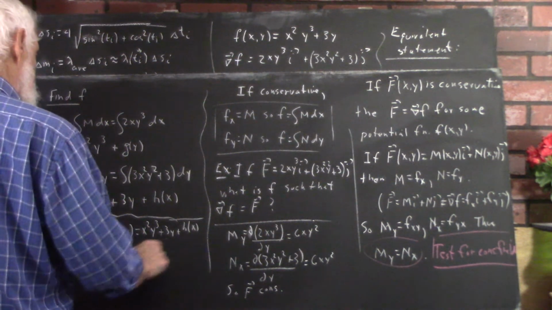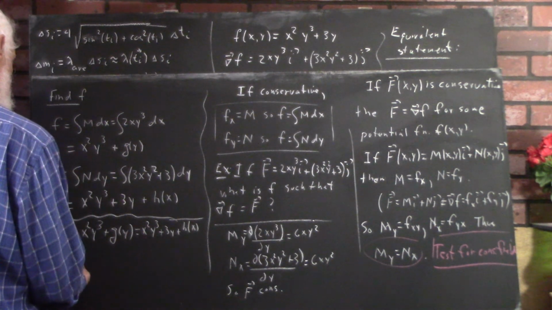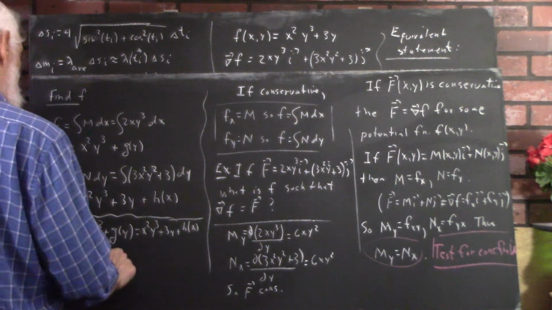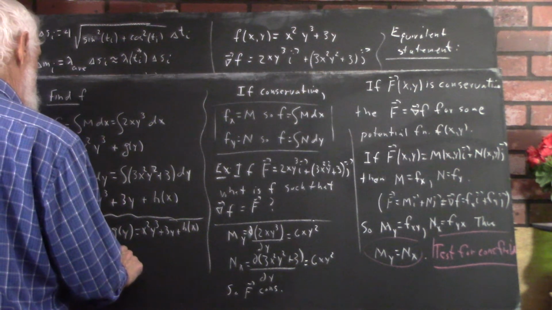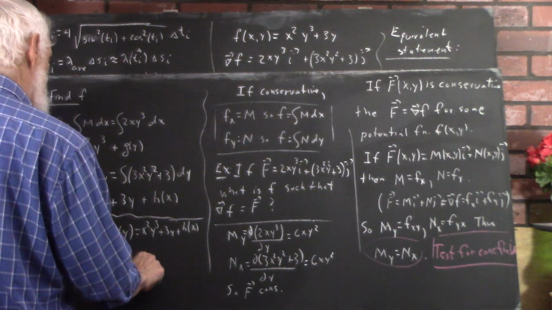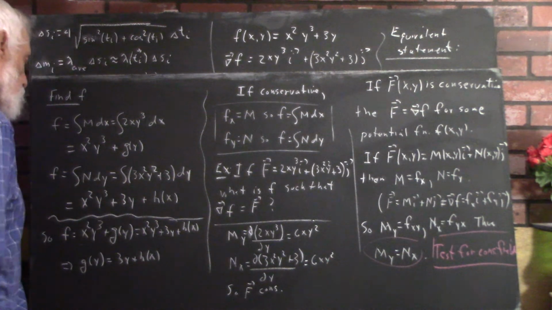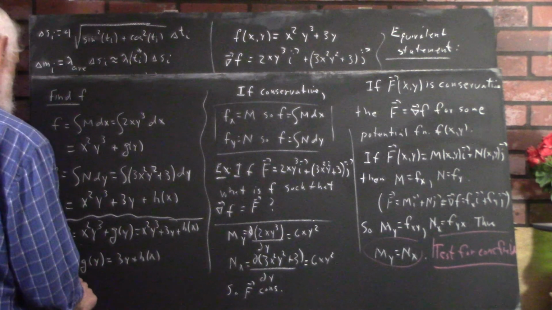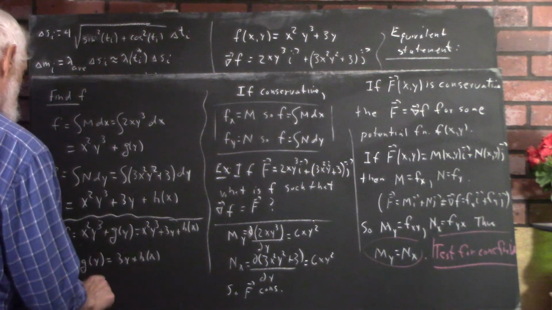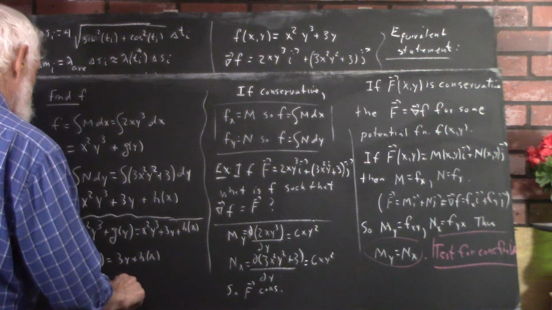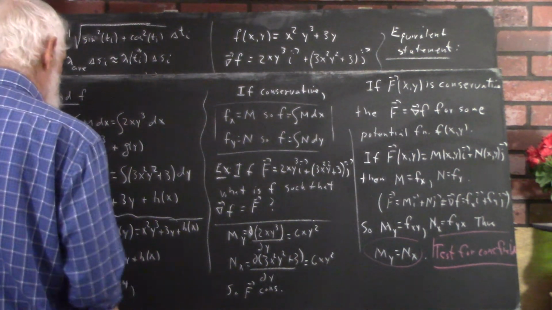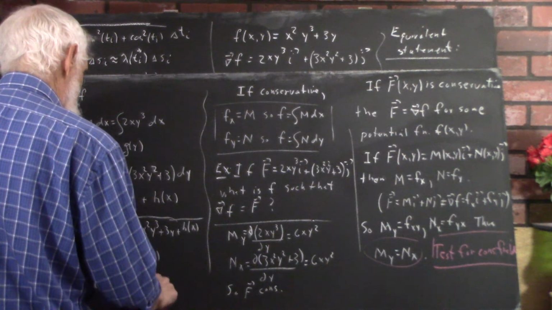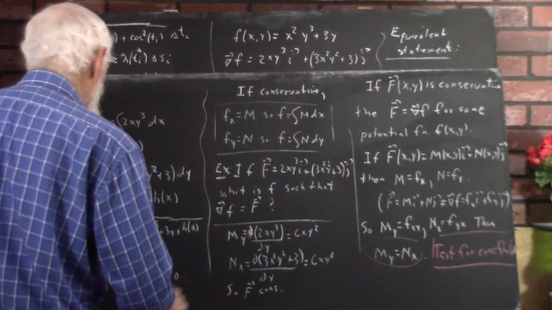If I take just this much, we see that g of y equals 3y plus h of x. Well, it follows then that g of y has to equal 3y. And since you don't have any x function over here, h of x equals 0.